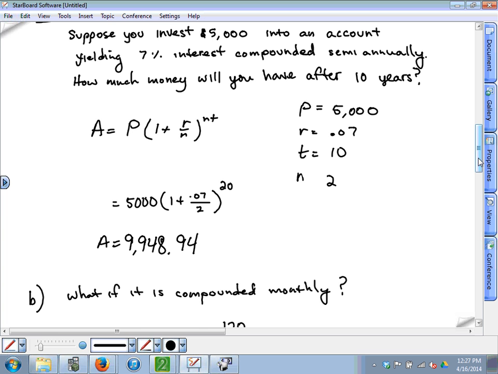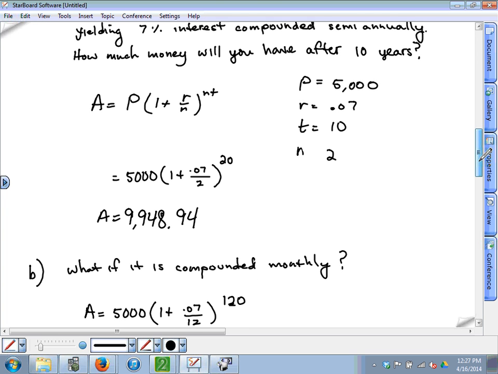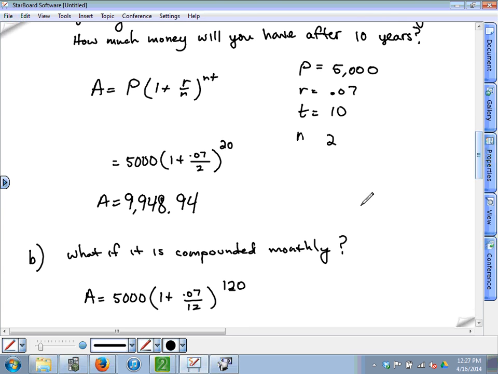Okay. Here's what the formula would look like, right? You plug everything in that you know. Now, you guys, you got to be careful. Not just the exponent has changed. Look carefully at this formula. What else has changed? We're dividing by 12 rather than dividing by 2.